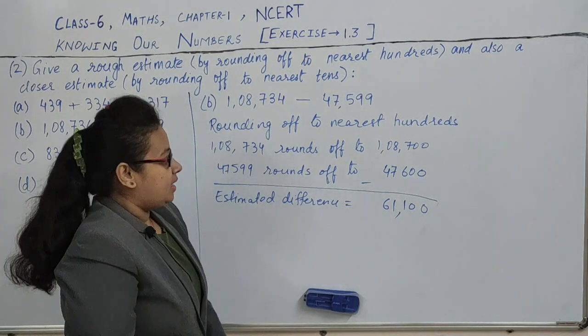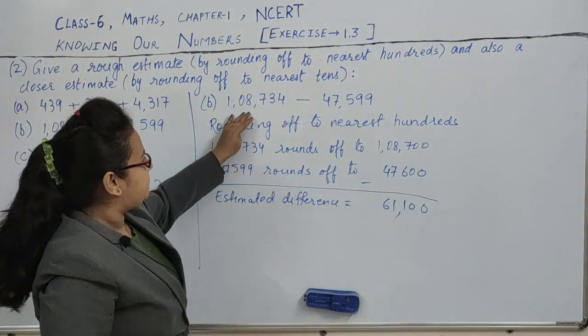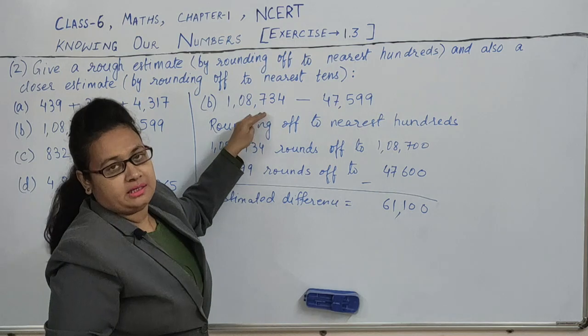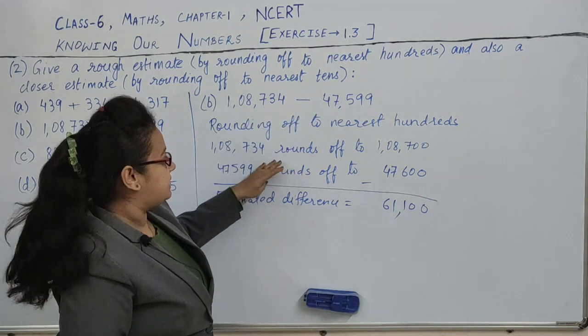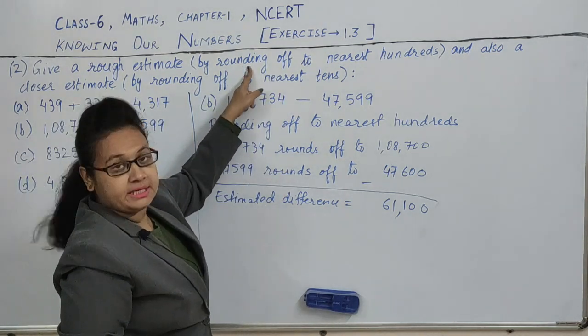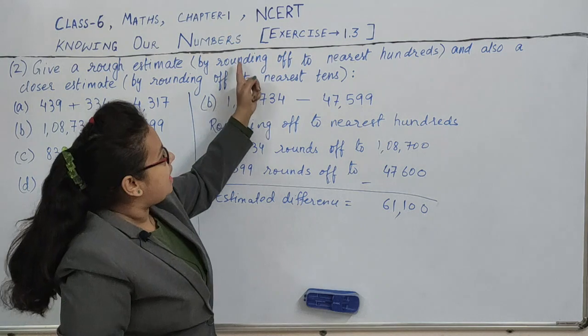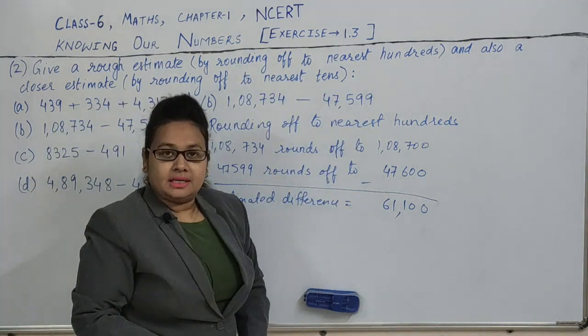Okay, this is not the actual difference. If we have to find the actual difference, we have to subtract this from this directly, and then we could have got the actual difference between these numbers. But we have got the estimated difference. When the numbers are rounded off to the nearest hundreds, then the estimated difference is this.